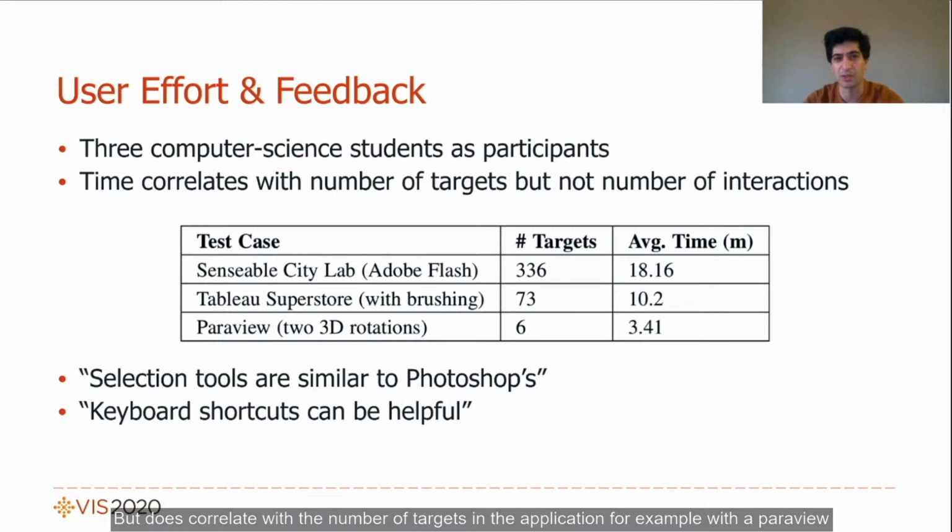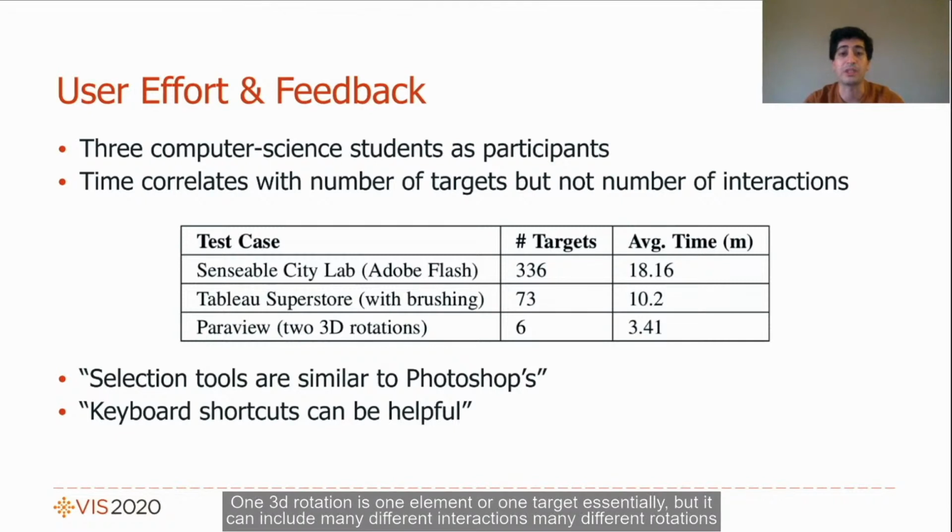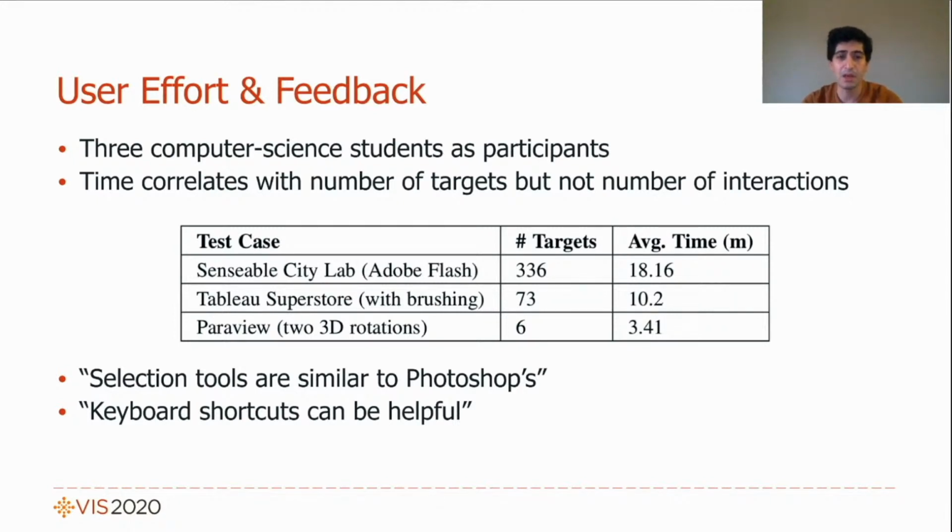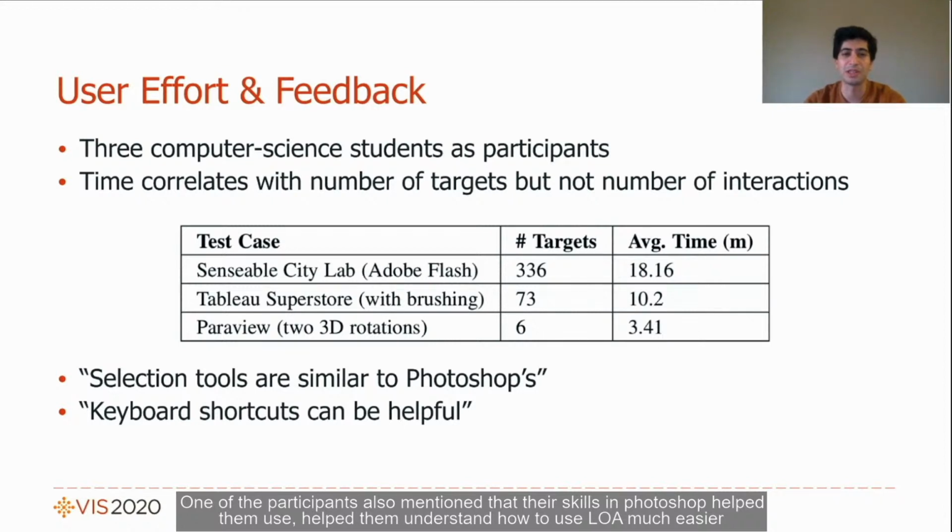For example, a ParaView Loom object with 2 3D rotations took about 3 minutes for 6 targets and about 1,000 interactions. To clarify, the number of targets is different from the number of interactions. For example, one 3D rotation is one element or one target, but it can include many different interactions, many different rotations. One of the participants also mentioned that their skills in Photoshop helped them understand how to use LOA much more easily.